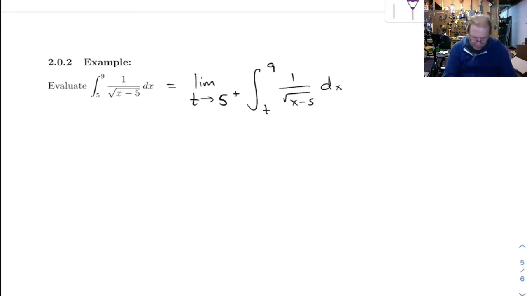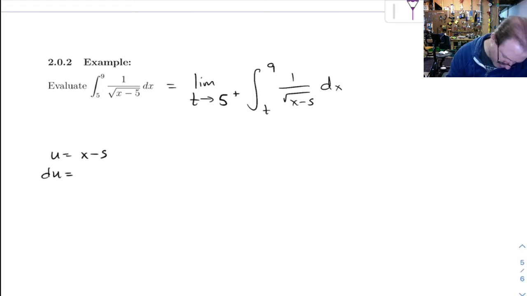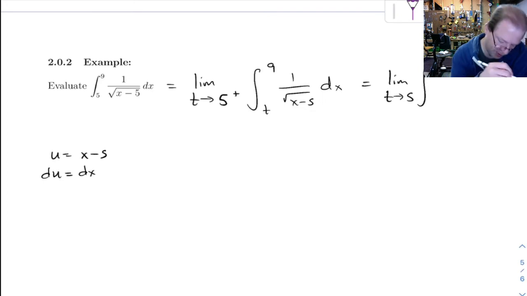How do we do this? Well, we could do it as a u substitution. u is x minus 5, so du is just dx. Actually, I want to leave my endpoints off for right now, because those endpoints are x values and we're going to have to change them to u values.